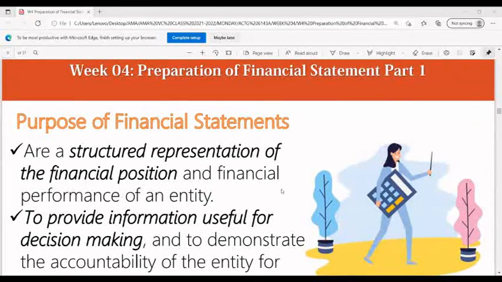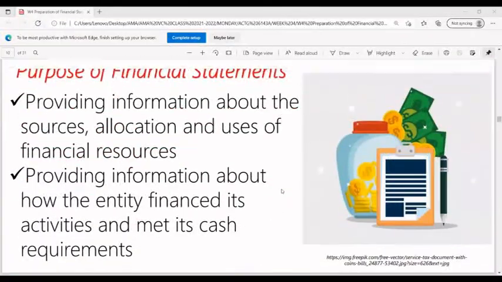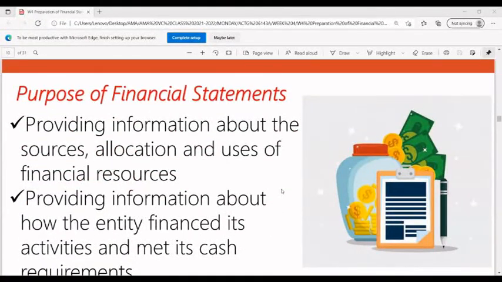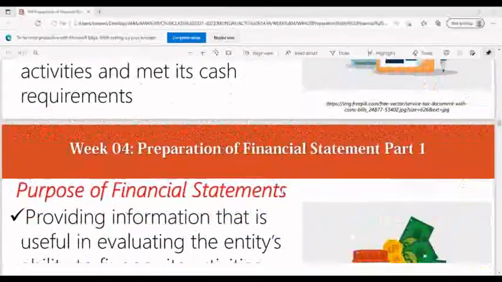The purpose of financial statements is to give a structured representation of the financial position and financial performance of an entity. It is to provide information useful for decision-making and to demonstrate the accountability of the entity for the resources entrusted to it. It also provides information about the sources, allocations, and uses of financial resources, and about how the entity financed its activities and met its cash requirements.